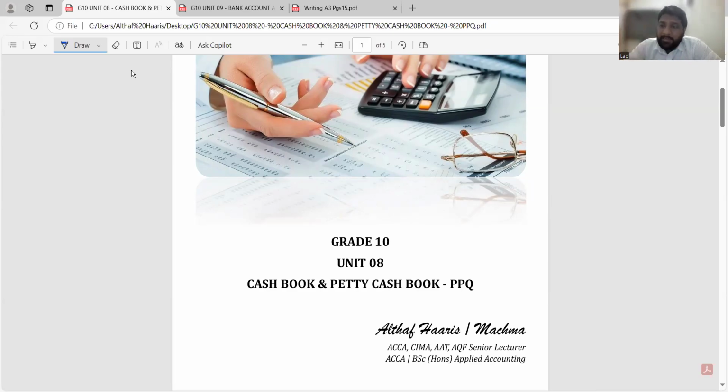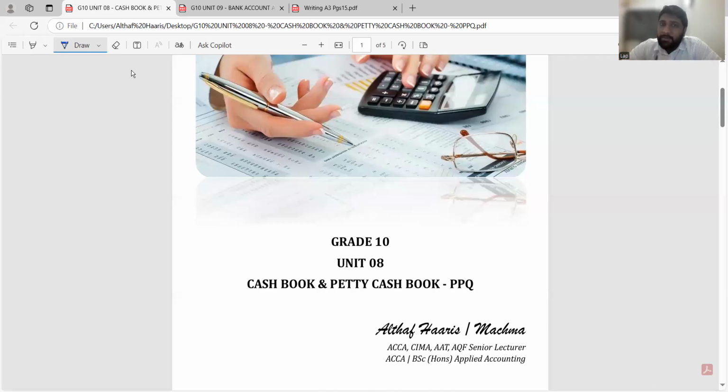Again, we'll be practicing past papers when it comes to the revision. Revision will happen probably in the last 2 to 3 months of your O-level program. Once you are done with the accounting part in grade 10, we will start doing the past paper questions from the business studies part of grade 10.